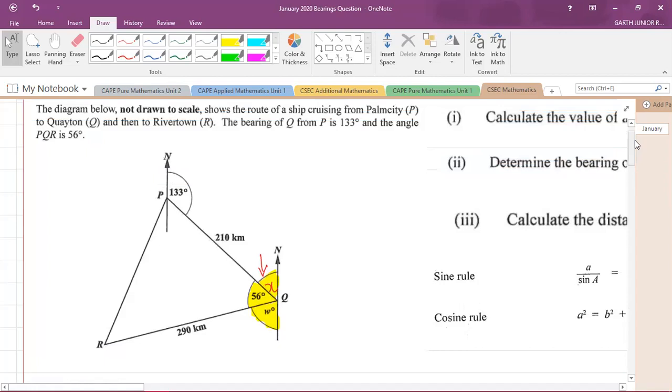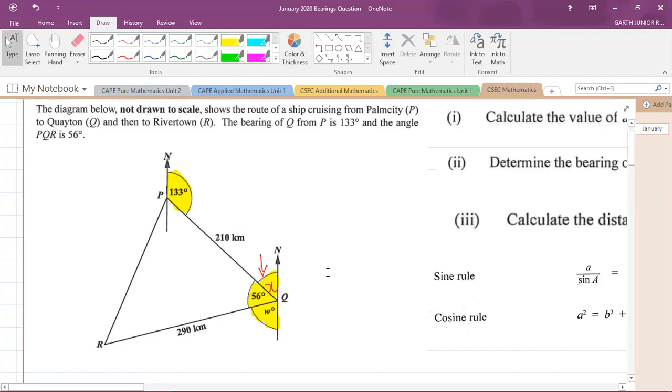If you look at that angle X and this angle here, those are what we call co-interior angles, because when we add those angles, we get 180 degrees. So co-interior angles add up to 180 degrees.